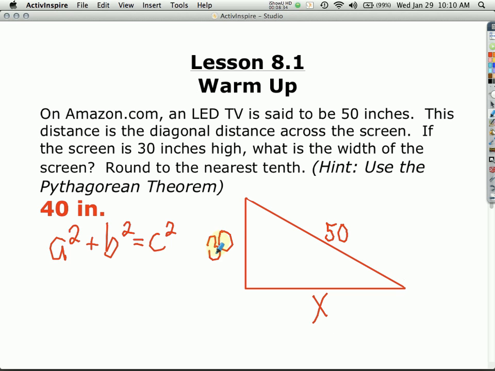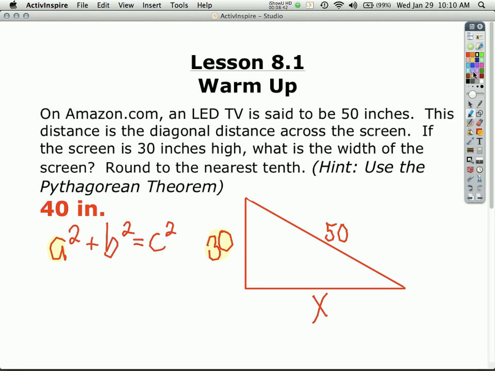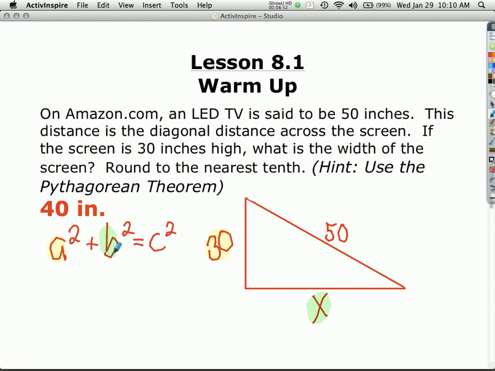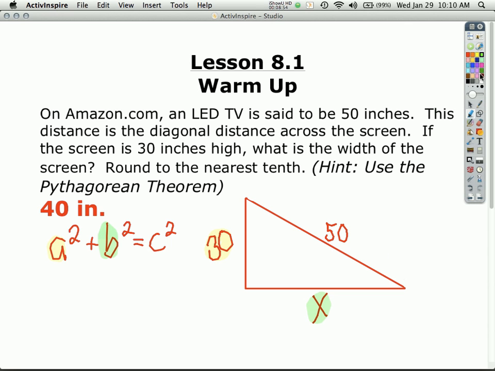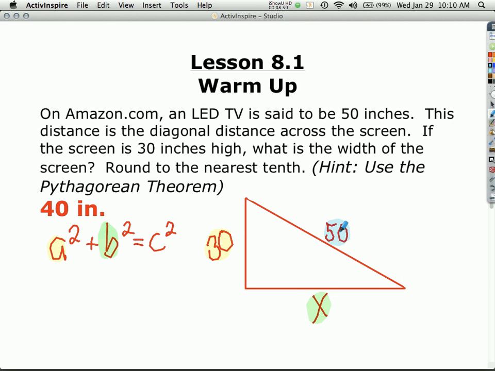Yeah, the small side of the right triangle is A. Not A squared. This is A. So what is B? Zabari? B is the longer leg. That's B. Which means that this final piece right here is C.